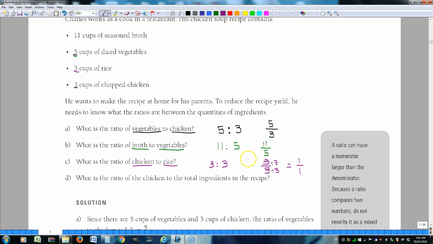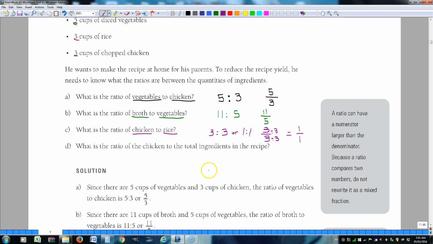So let me finish this question by saying 3 compared to 3 is also 1 compared to 1. If this is a question on a test, you would not get full marks for writing 3 compared to 3. You would get full marks for writing 1 compared to 1, because that is a simpler way of doing it.